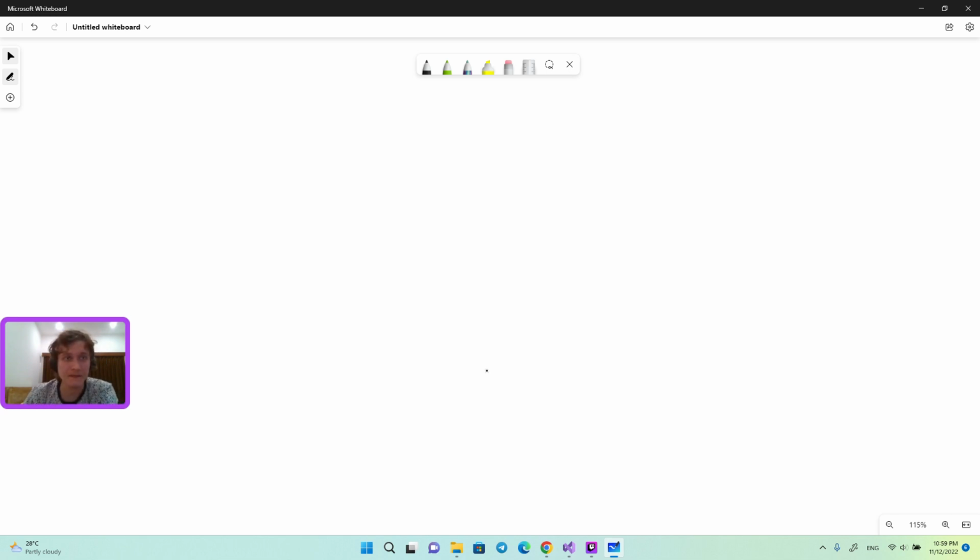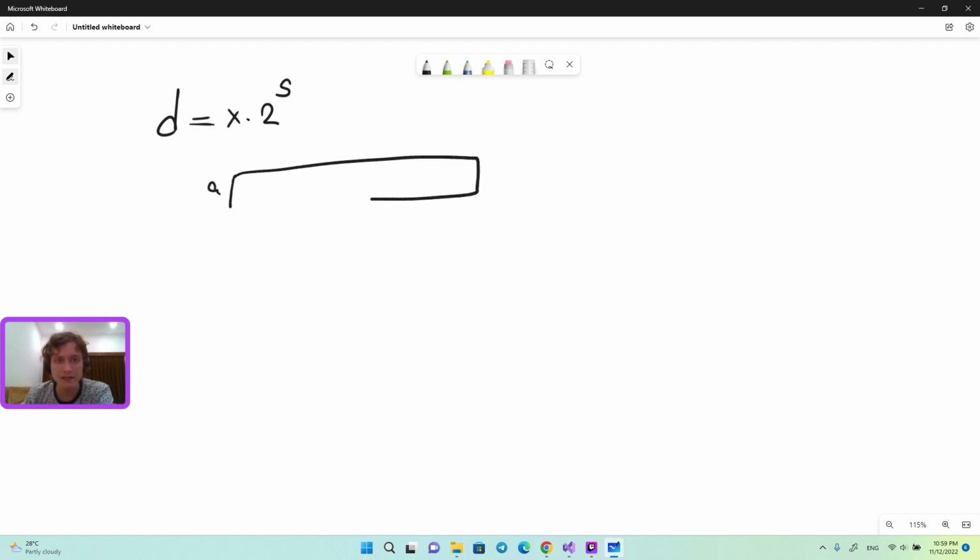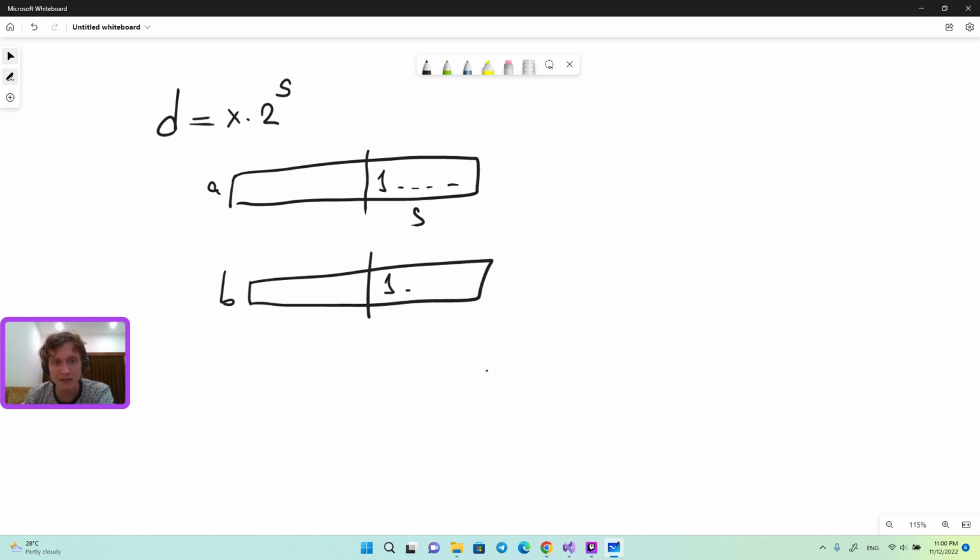Okay, first of all, let d be some odd number x times 2 to the power of s. Then if we have A and it has a 1 somewhere here, or B has a 1 somewhere here, then obviously the answer is false.